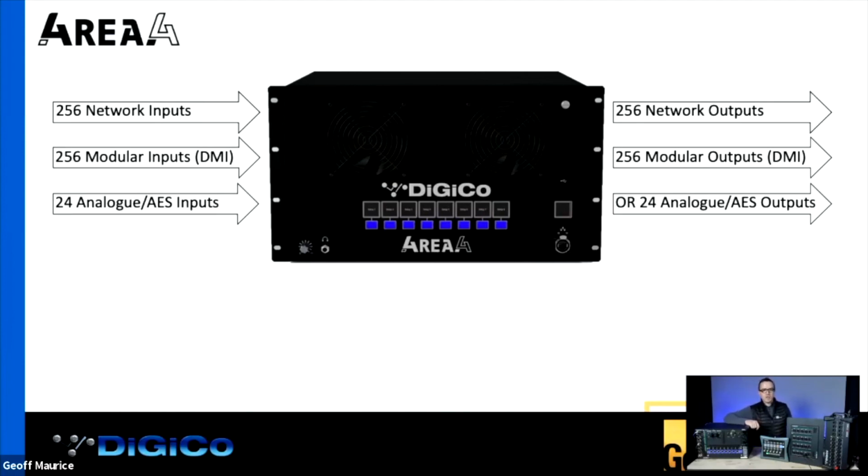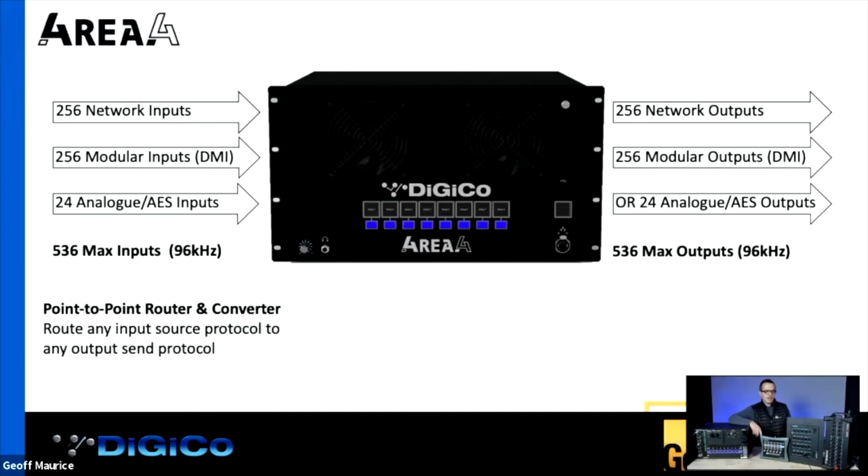We can also do up to 24 channels of audio, either analog or AES, built into the back of the unit, which we'll have a closer look at. So all in all, we can touch in some way up to 536 channels of audio, all flowing at 96K, which is a very sizable number.